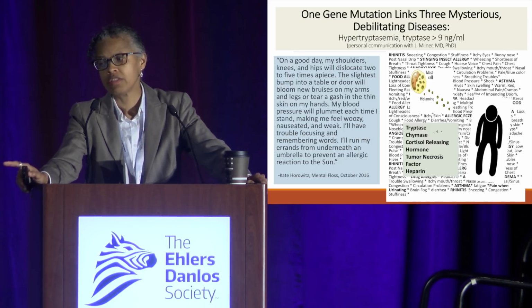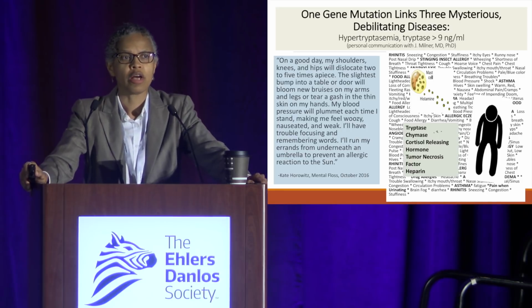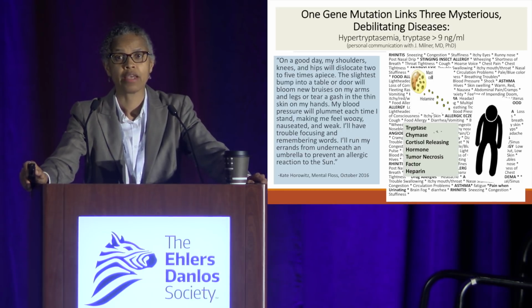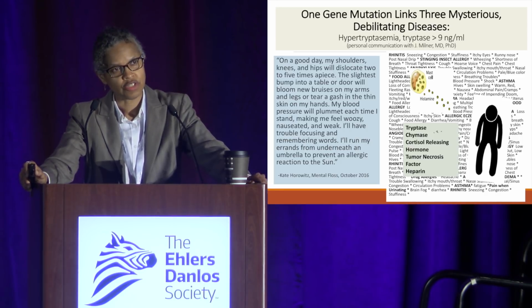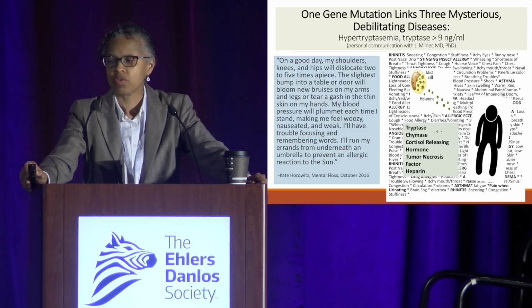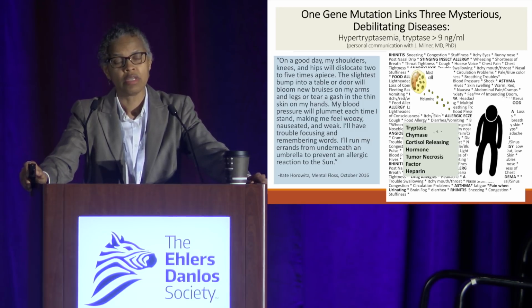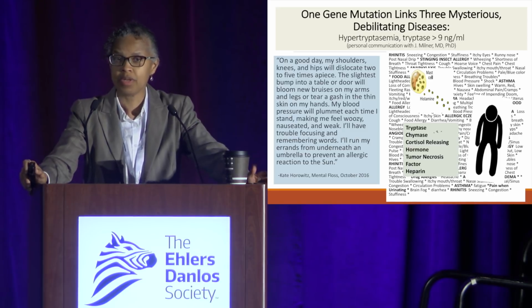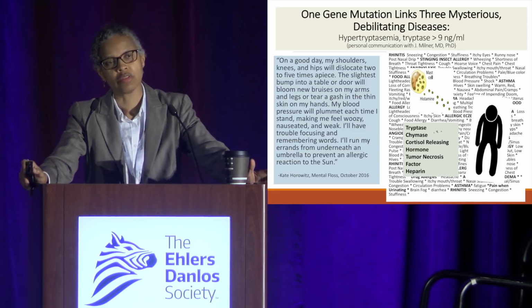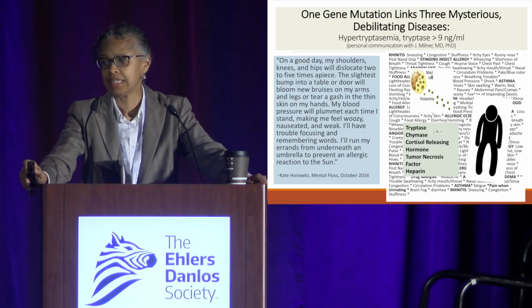But what he found, and this is an article in Mental Floss, this is a young lady who actually has Ehlers-Danlos syndrome, dysautonomia, and mast cell activation syndrome. And what she describes is just a daily struggle just to do normal activities like get up, go to the bathroom, take a shower without fainting.